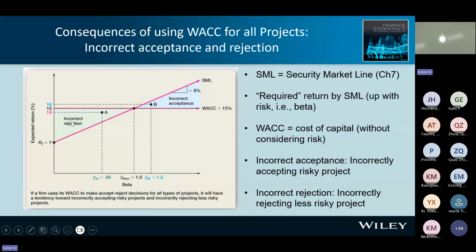So this area is incorrect rejection. Overall, the conclusion is that using the WACC for all the projects leads to incorrect acceptance and incorrect rejection, and the firm value will go down.